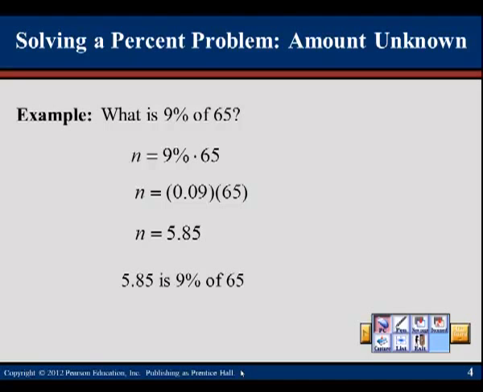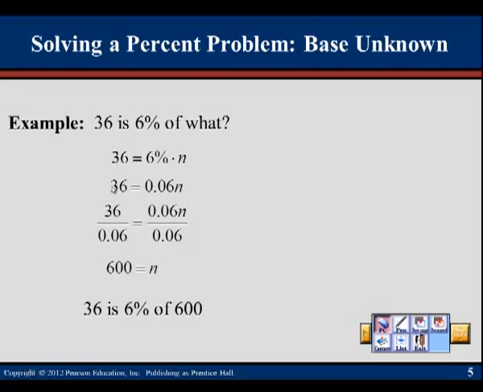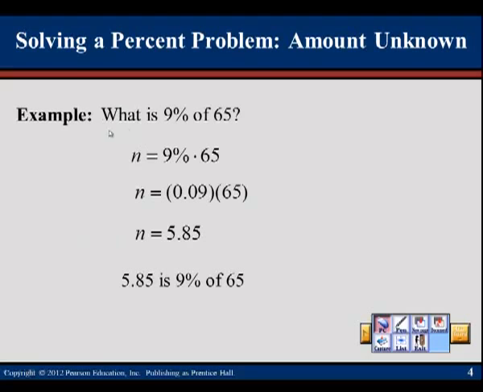Next, what is 9% of 65? Okay, so the what, back up. The what, that's the amount. So the 65 is the base. Okay, so you have to convert the percent to a decimal.